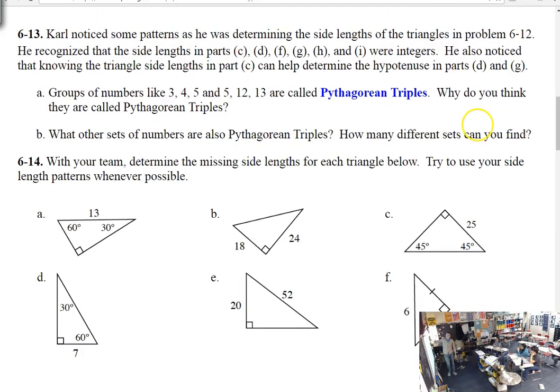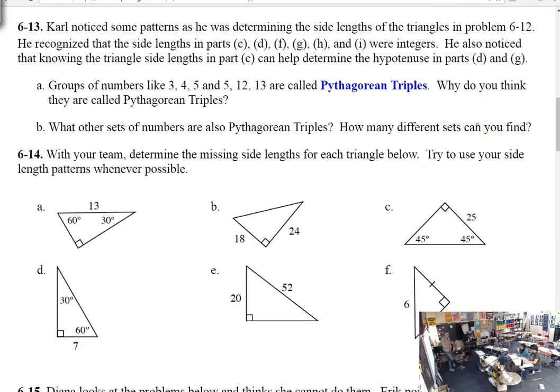So we now are recognizing Pythagorean triples, right? Carl noticed some patterns. He was determining side lengths, and we already talked about these. So I bet we could figure out why they're called Pythagorean triples, because we already know that from Math 1, the difference between CPM and Pearson. Can you find any other ones? So we know 3, 4, 5.